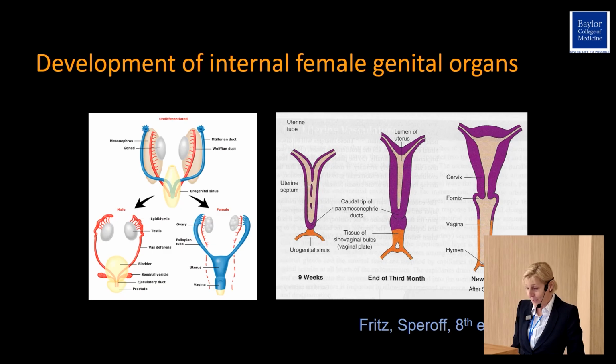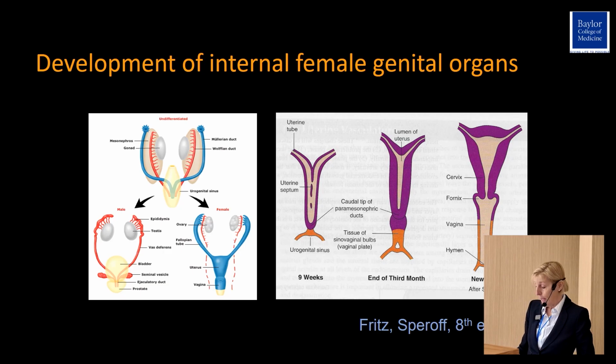Going on, as you can see, the fusion happens very early on, and then there is the reabsorption of the inner septum of the two tubes that basically fuse together.